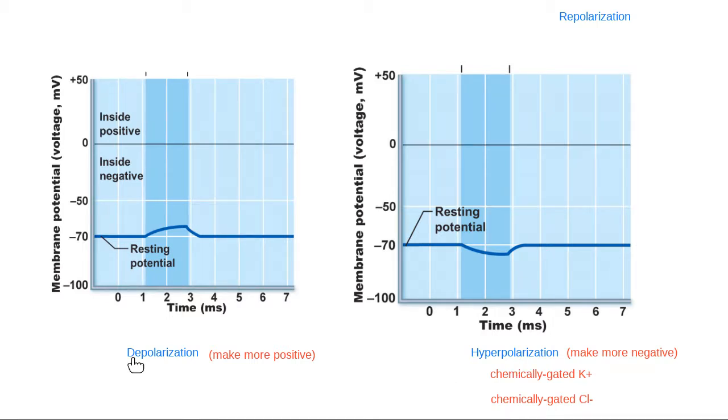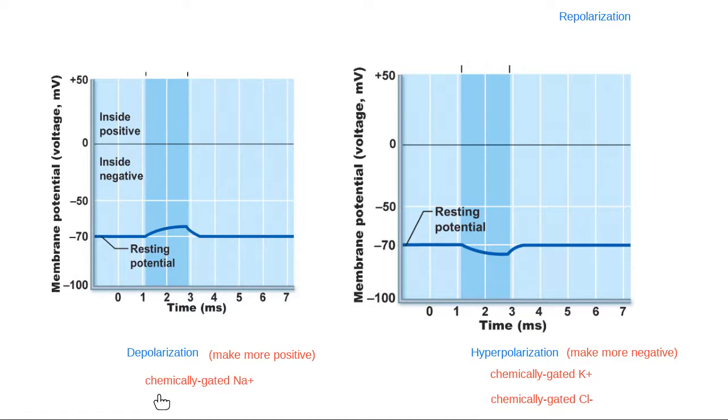I actually only have one kind of channel that does depolarization. What's the kind of chemically gated channel that we talked about that does depolarization? Yeah, chemically gated sodium channels.